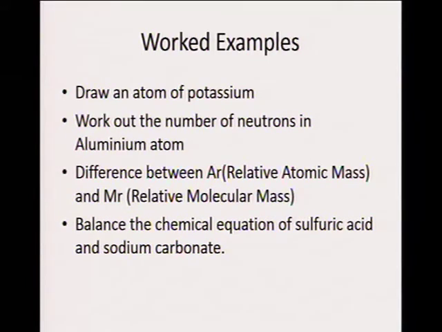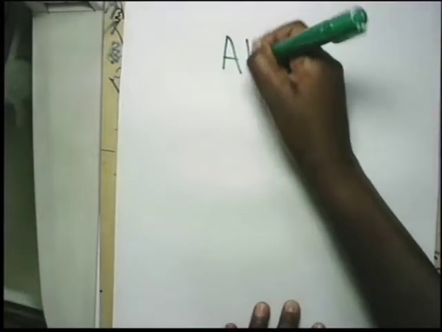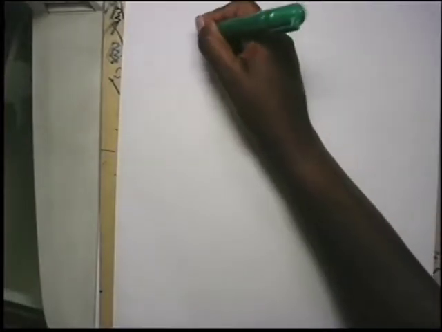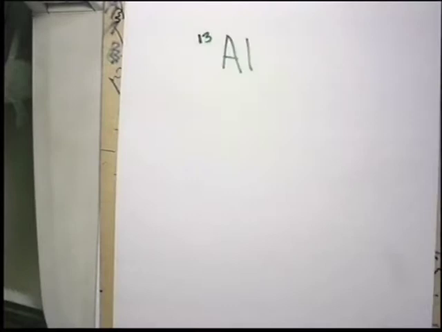Let's work that out. We go to the periodic table and we look at the aluminium atom. Aluminium is in group 3, so it has 13 as its atomic number.